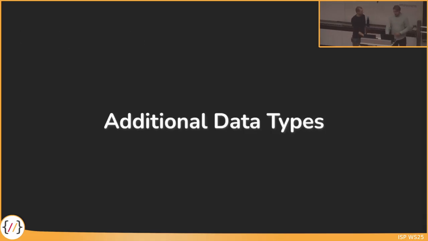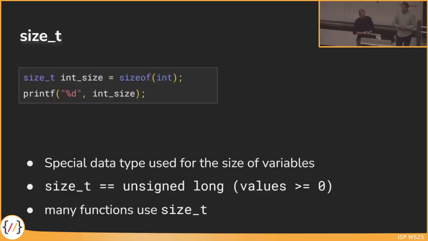Okay. And we also want to discuss an additional data type, which is quite important also when we talk about pointers and dynamic memory. And this data type is called size_t. Essentially, size_t is just a type for unsigned long.